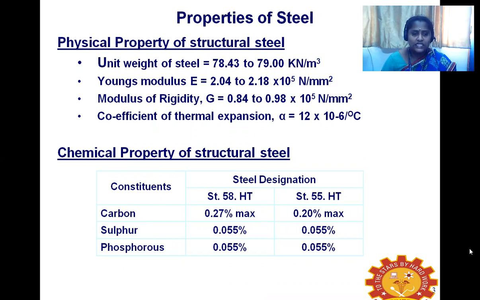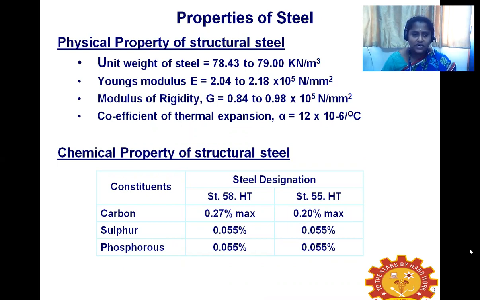Before entering into the design, let us know about the properties of the material to be used. The material we are going to use throughout is steel. So let us know the properties of steel. What are all the properties? Physical, chemical and mechanical.